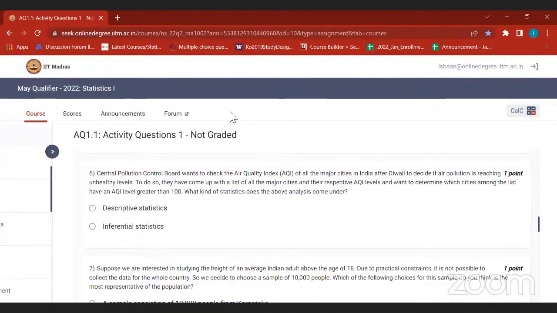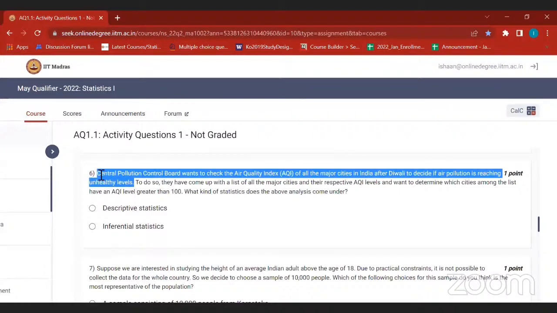Sir, I have a doubt with this question. The first sentence gives an indication that there is some sort of inference we are drawing, like after Diwali, to decide if air pollution is reaching unhealthy levels. That's sort of misleading. I got your explanation for this descriptive statistics, but that first line is a little misleading, because I also got it wrong.